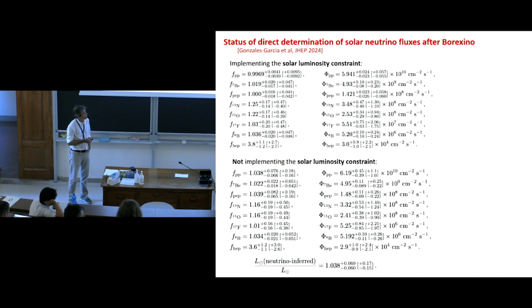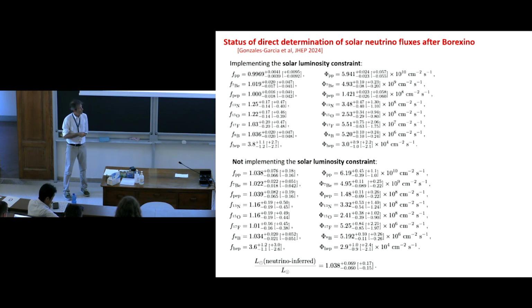So the major difference is related to these two fluxes here, and also to the PP neutrino fluxes, because normally they are linked to the PP neutrino, since the producing mechanisms are connected. You know, in one case you have PP into deuterium, in the other you have a proton plus electron plus proton into deuterium, etc. So there is a strict connection from the point of view of nuclear physics.